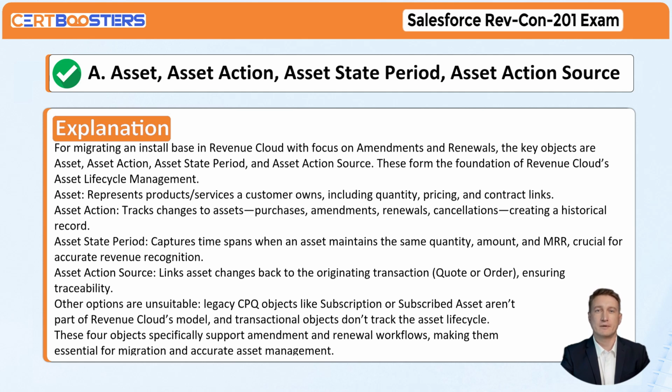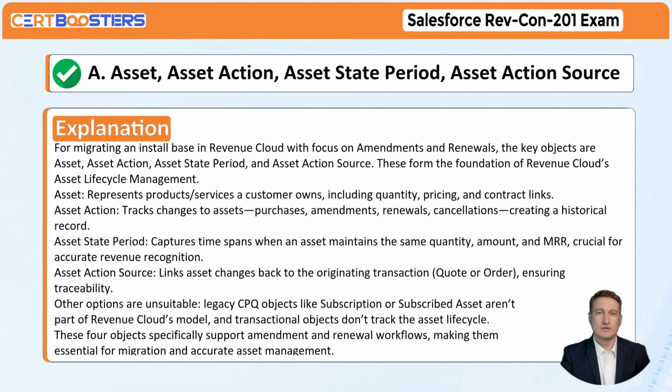Asset action tracks changes to assets, purchases, amendments, renewals, cancellations, creating a historical record. Asset state period captures time spans when an asset maintains the same quantity, amount, and MRR, crucial for accurate revenue recognition. Asset action source links asset changes back to the originating transaction, quote, or order, ensuring traceability.